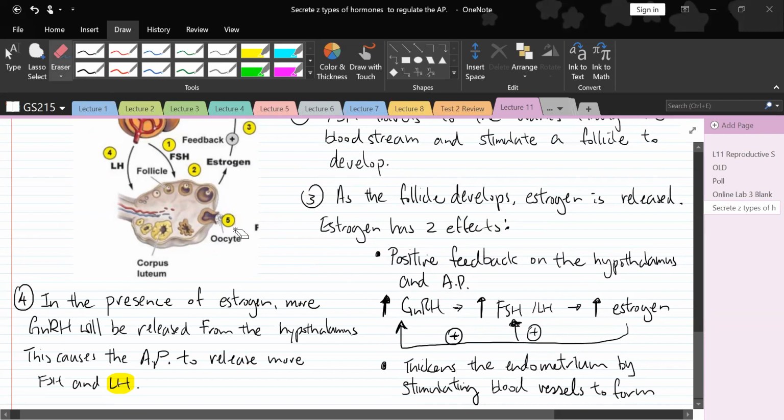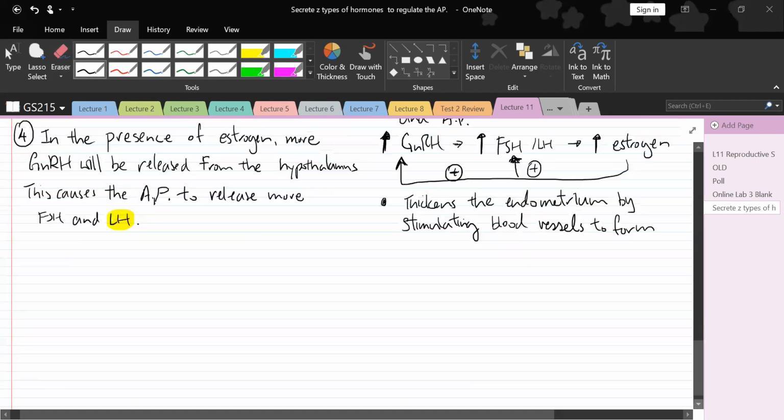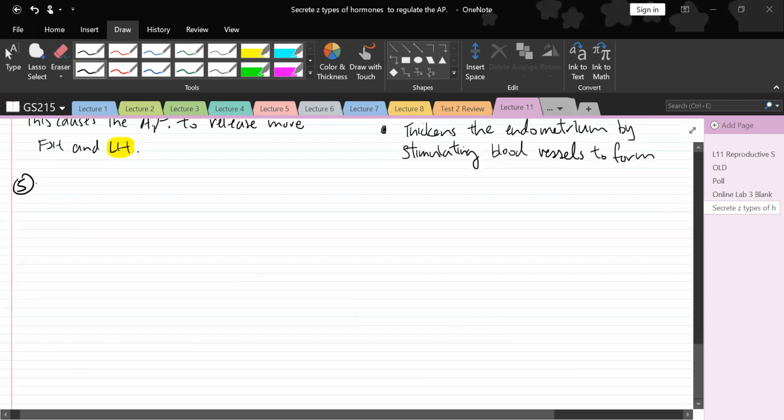The next part is number 5. The sudden increase in LH, which we call the LH surge, triggers ovulation to occur.